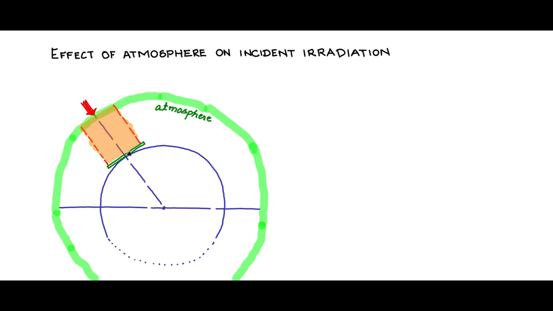It will be almost equal to H naught, because this distance is very small compared to the distance of the sun from the center of the earth, and therefore we can safely say that the incident energy here would be H naught. So this insolation would be H naught, let us say, incident energy in kilowatt hours per meter square per day.